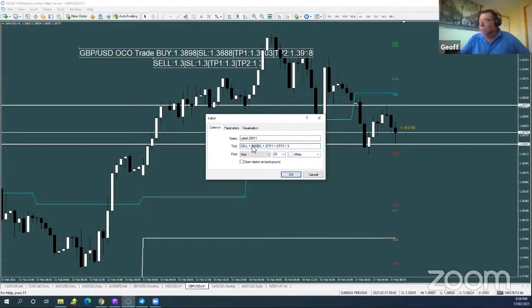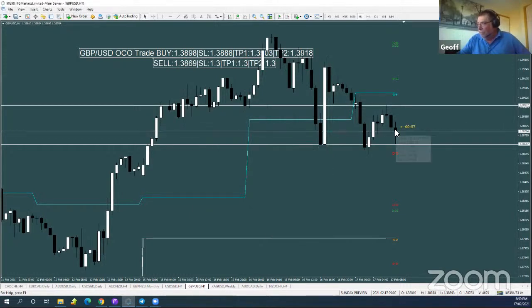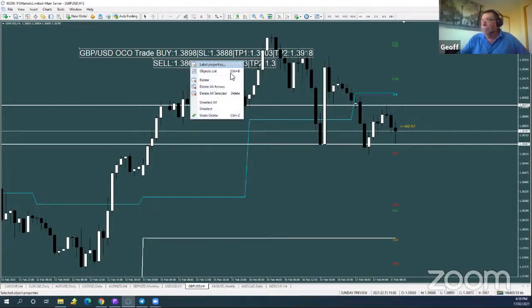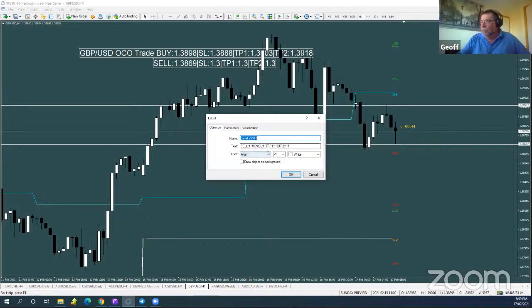The stop loss just above that bar, rounded up, 1.3886 at this stage. That may change. 1.3886, and TP1 we can work out from there.